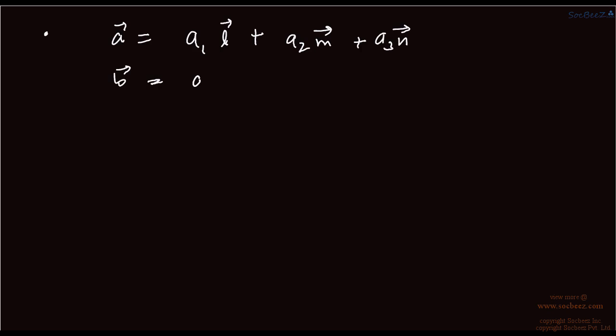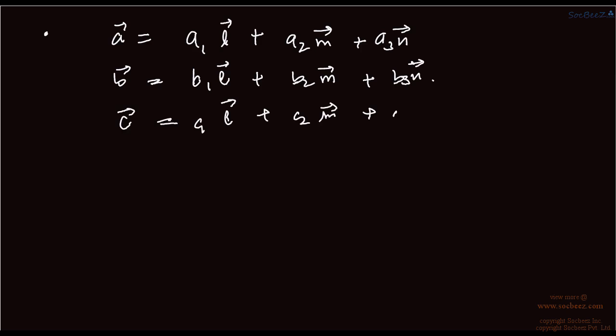Similarly, B vector is B1 L vector plus B2 M vector plus B3 N vector, and C vector can be represented as C1 L vector, C2 M vector, C3 N vector.